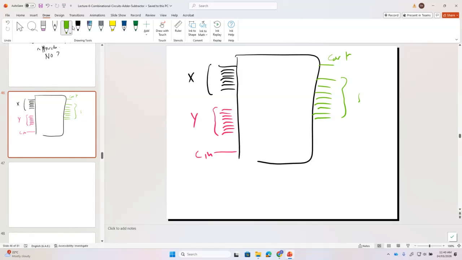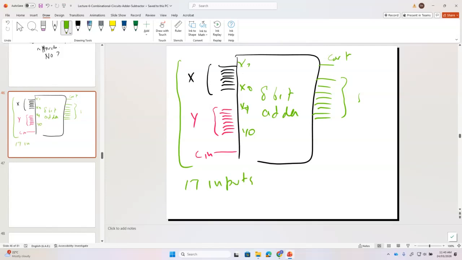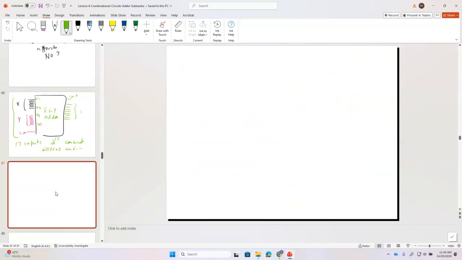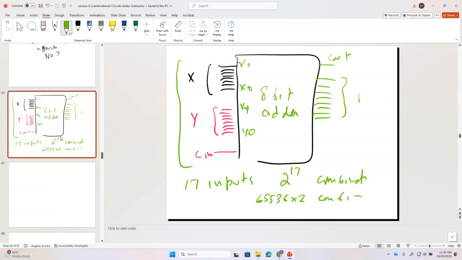How many inputs are here in this example? 17: X7 to X0 and Y7 to Y0, plus Cin. So how many combinations? 2 to the power 17, which is 65,536 multiplied by 2 combinations. So can we solve this problem using a K-map? No.